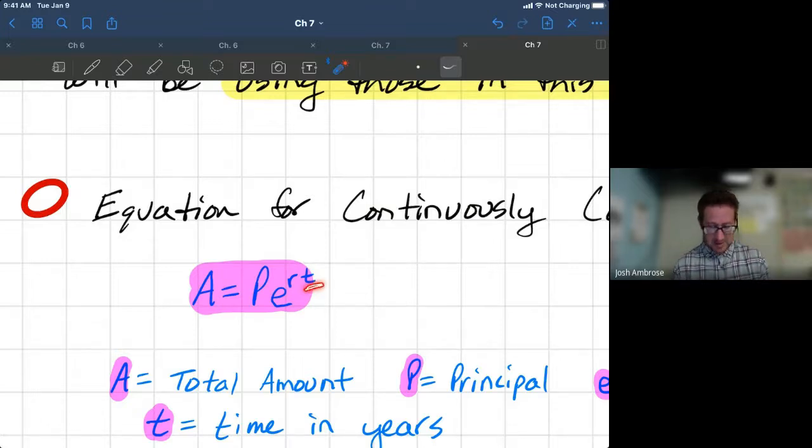And t stands for your time, given in years. So we shorten this to A equals Pe^(rt).